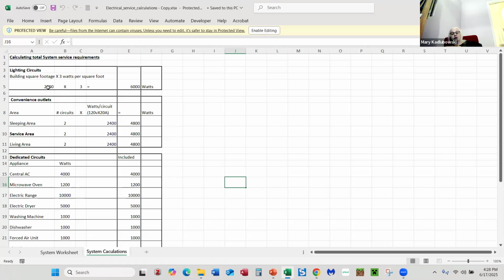The total square footage of the building times those watts gives you the watts required for lighting. Convenience outlets, I would break down, I'm looking at the way to phrase this.